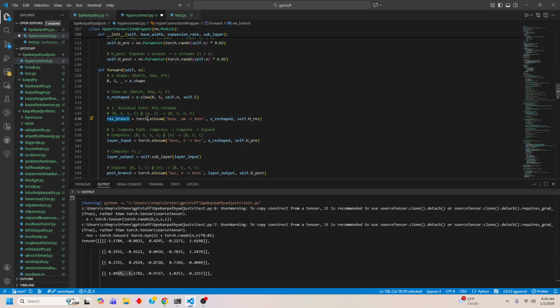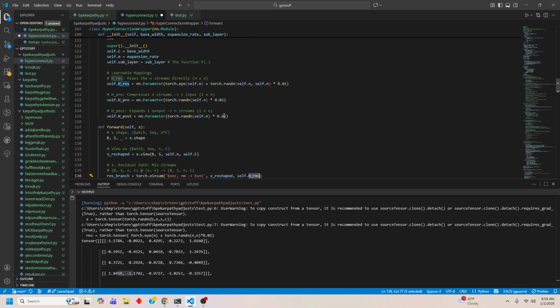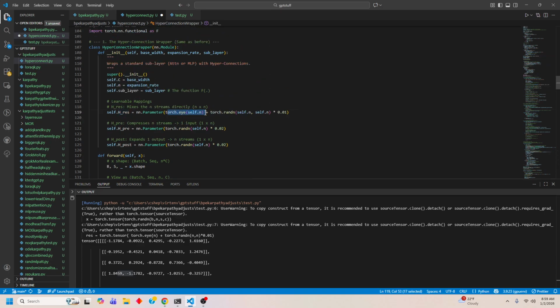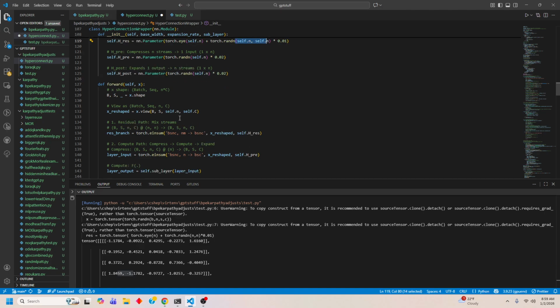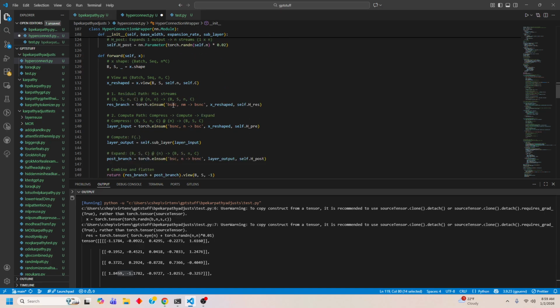So the residual branch is going to take the BSNC times the n by n h residual, which is the one we did, the ones on the diagonal and a little bit of random noise. Take the input, multiply it by that to mix things together.